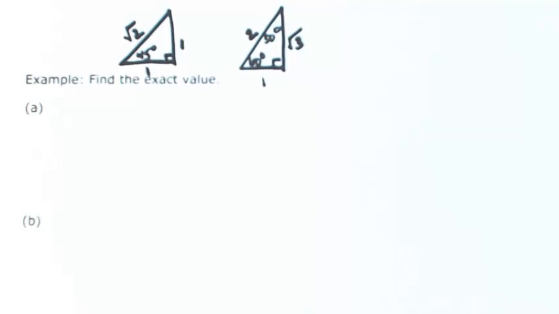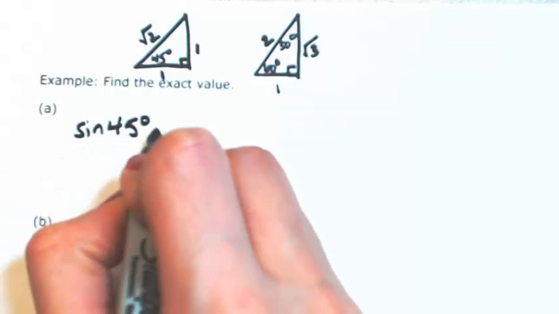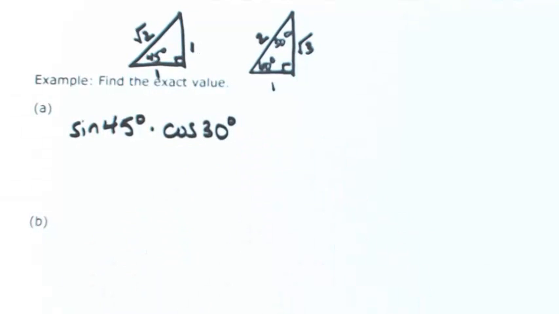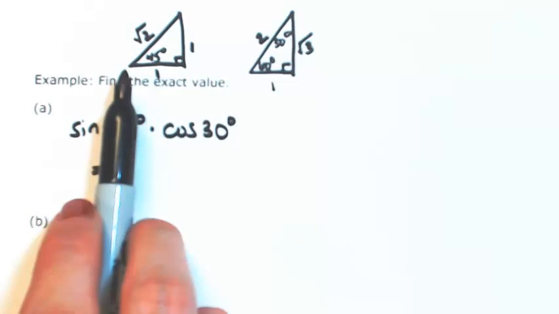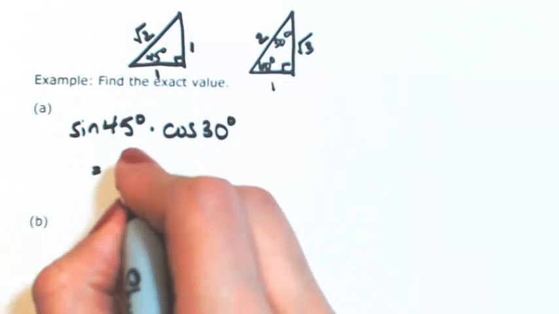Okay, so using these two triangles, let's find the exact value of, let's say, sine of 45 degrees times the cosine of 30 degrees. So 45 degrees, we'll look at that first triangle. The sine is going to be opposite over hypotenuse.